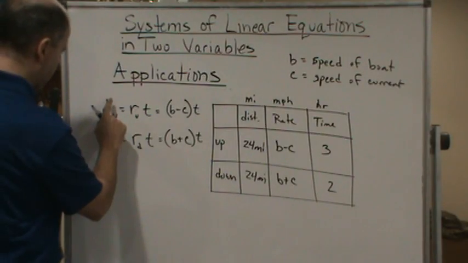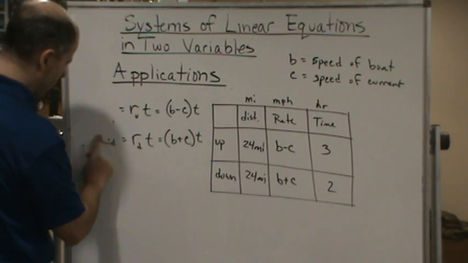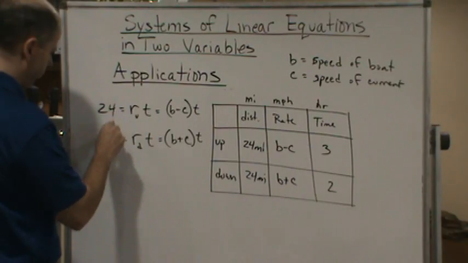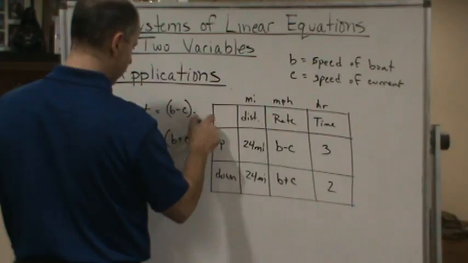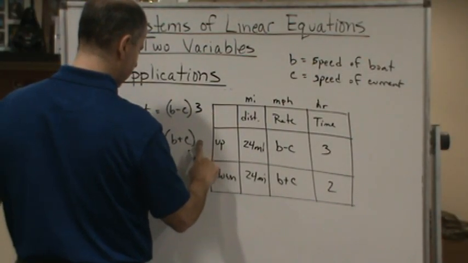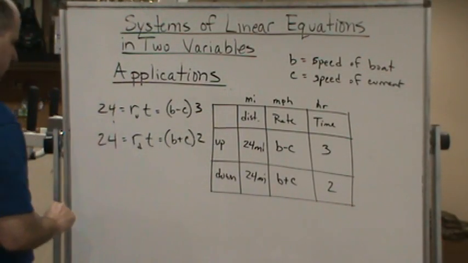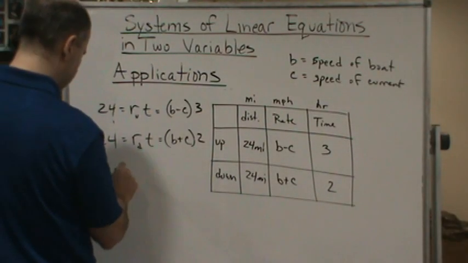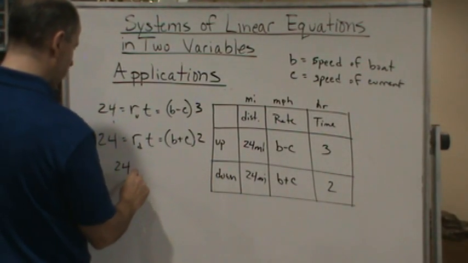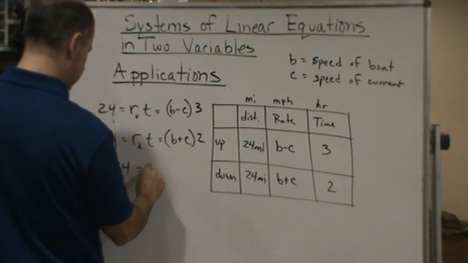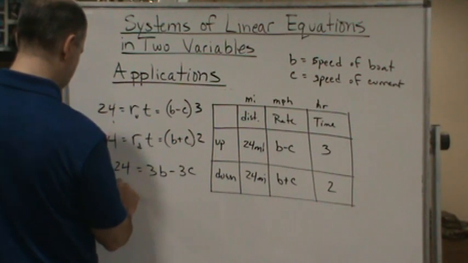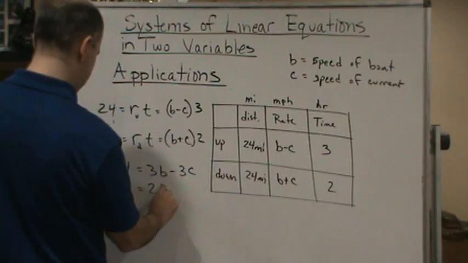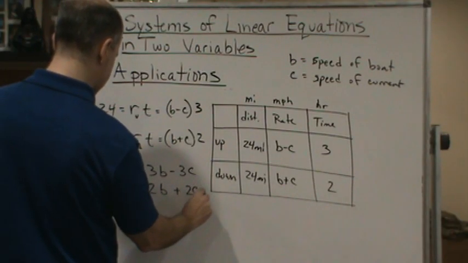So let's plug in the values here. Watch what happens. So this is going to be 24. This is going to be 24. This is going to be 3. And this is going to be 2, right? And so now, when we simplify stuff, we've got 24 equals 3b minus 3c, and 24 equals 2b plus 2c.